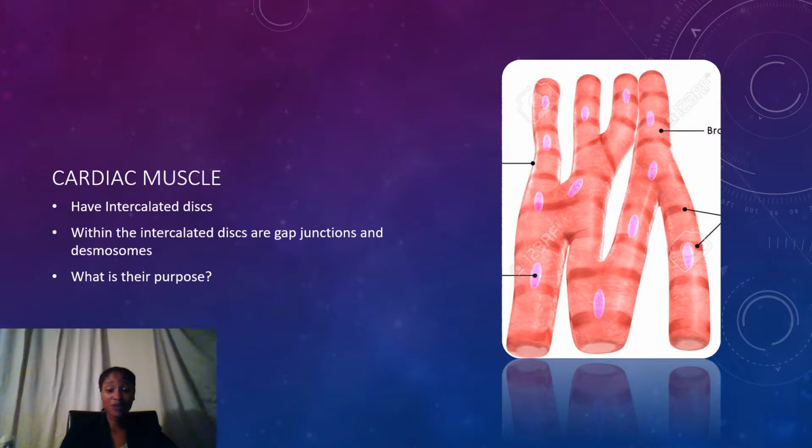This allows for quick transmission of the action potential and the coordinated contraction of the entire heart. Desmosomes are cell structures that anchor the ends of the cardiac muscle fibers together, so the cells do not pull apart during the stress of individual fiber contraction.